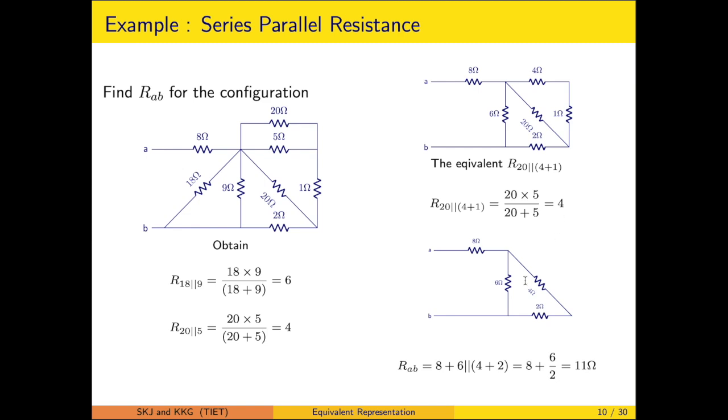This will be the equivalent translation, and 4 and 2 come out in series. They are in parallel with this 6 ohm resistance. So ultimately you are able to calculate the net resistance between the two terminals by successively reducing or simplifying the circuit by series-parallel arrangements.